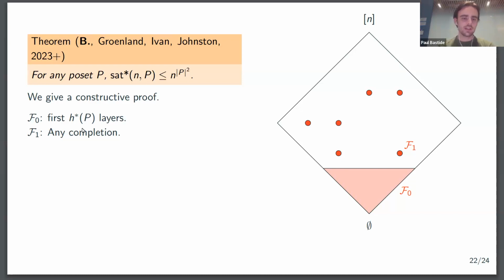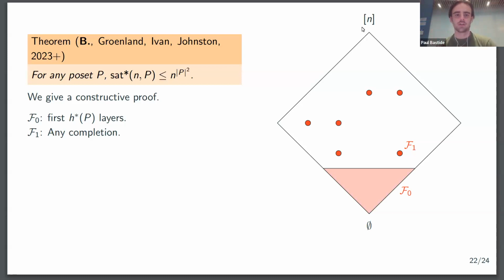And you can see that the number of layers that I take is in fact this hypercube height minus 1. Because what I'm saying is that I take all the layers before I can embed my poset, right? And the height was defined as the smallest number of layers I need to take such that I can embed my poset for some large enough n.